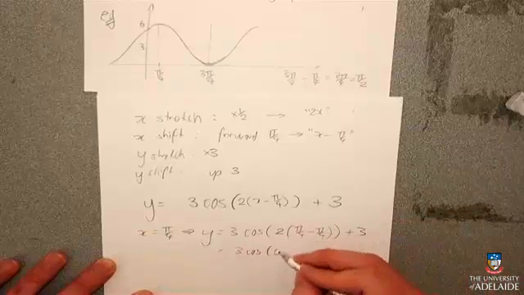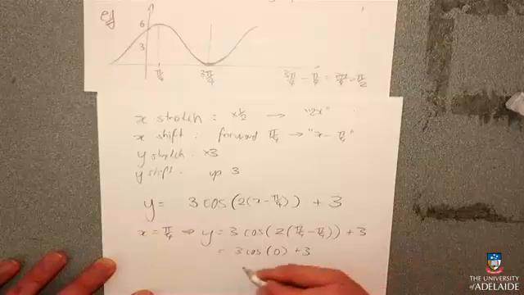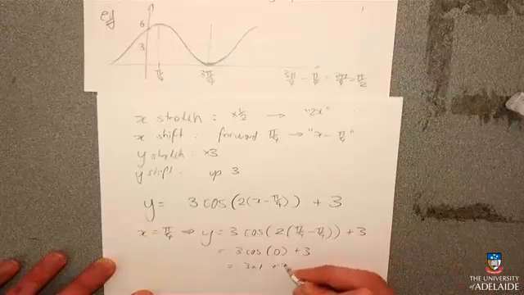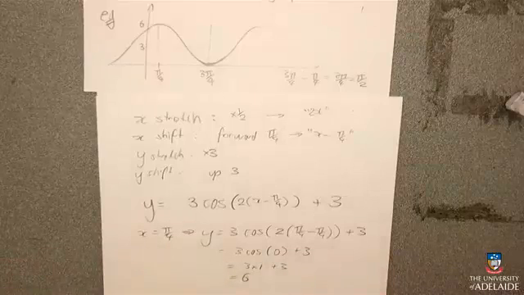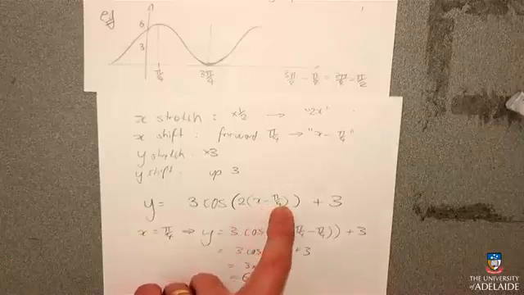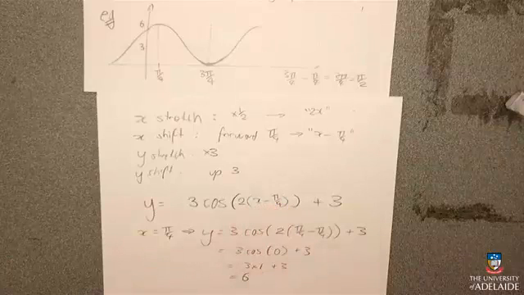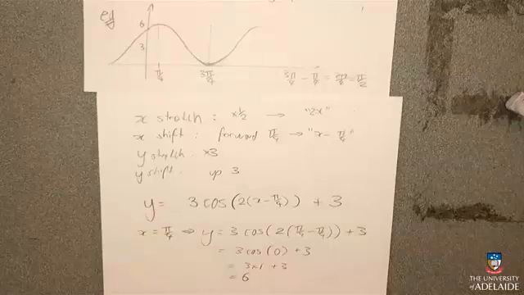Now that's 0, and cos of 0 is definitely 1, and produces the answer 6. So it is matching correctly at that point. If I had done 2x minus pi on 4, it would not have come out to the answer 6. It would have come out to the answer 3 on root 2 plus 3.